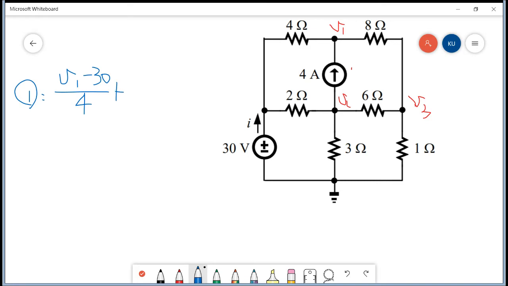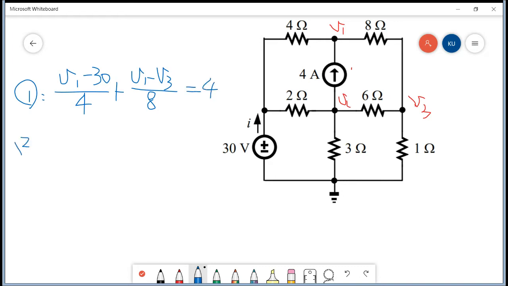And the current going from node 1 to node 3 is V1 minus V3 over 8. And this current is going in, so it equals 4.